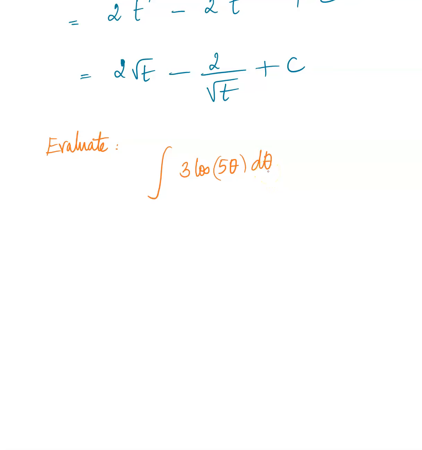So the process of finding the antiderivative is called integration. So if you find me using the word integration, all I mean is finding the antiderivative. I pull out the 3 cosine 5 theta d theta, and that 3 is 5 here.